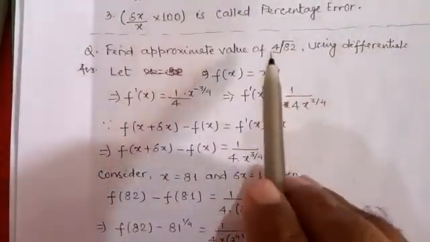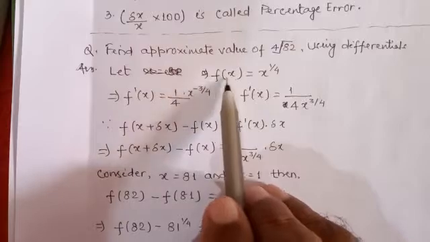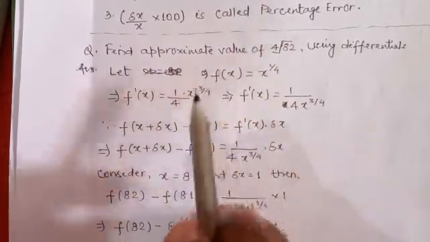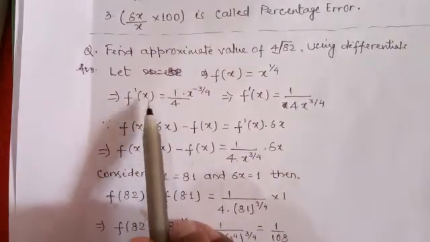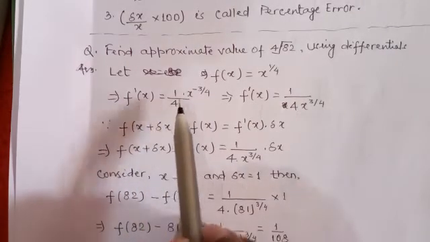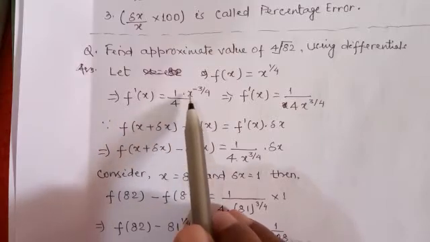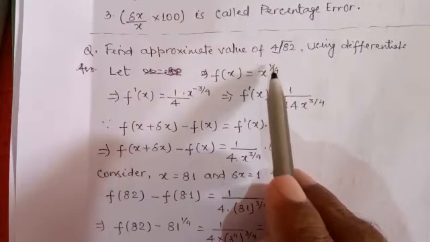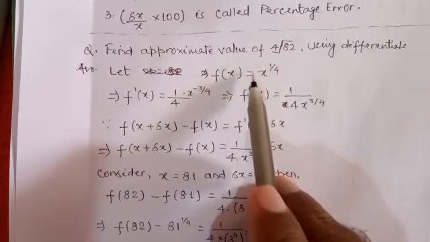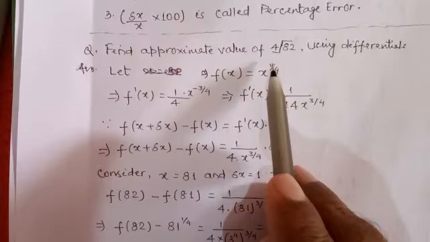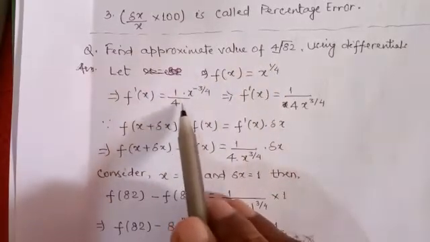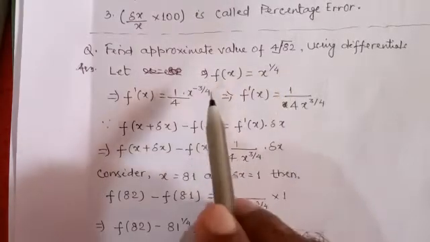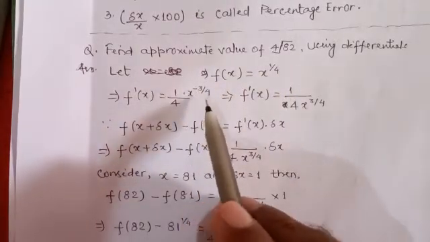Since we have to find the fourth root, consider f(x) is the fourth root of x. Differentiate it. So f dash x is 1 by 4 into x to the power 1 by 4 minus 1, according to the formula for x to the power n, derivative n into x to the power n minus 1, which becomes minus 3 by 4.